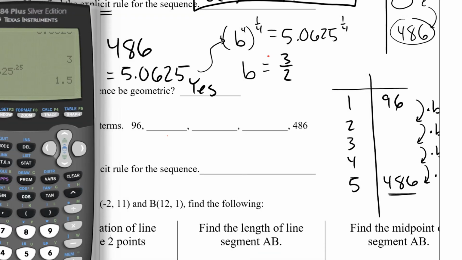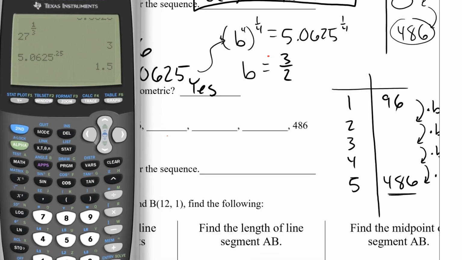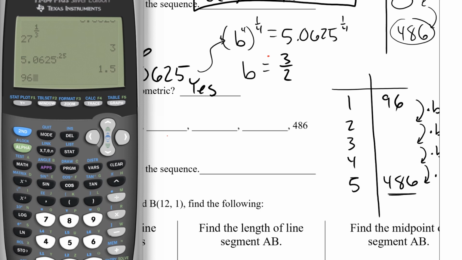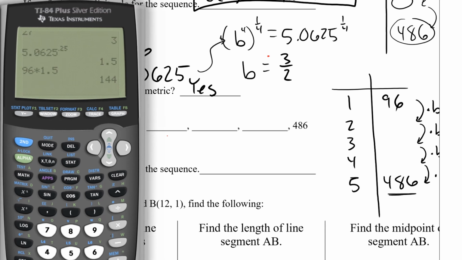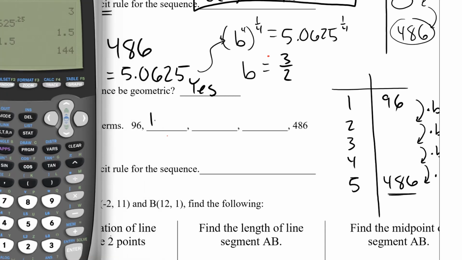And in fact, we can go ahead and fill in the missing terms, right? So let's take our 96 and multiply that times 3/2, or 1.5, and I get 144 as my second term. Times 3/2, I get the 216.